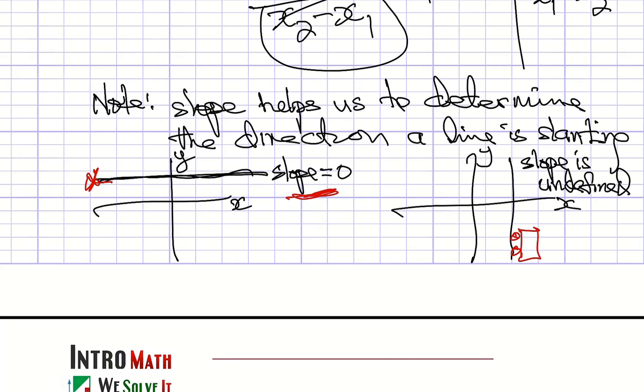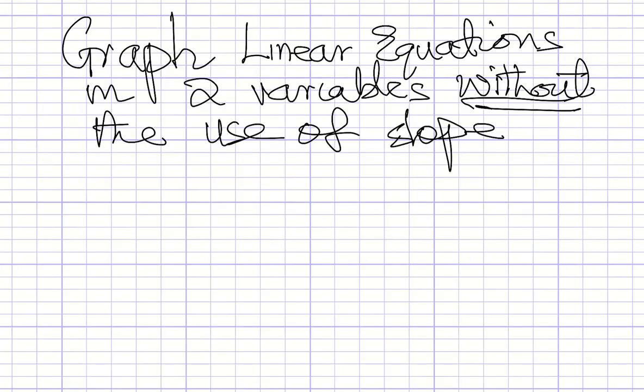Let's graph linear equations in two variables, right? Without the use of the slope concept. First, we'll draw them without using the slope, and then when we're done, we'll draw the same graphs with the use of slope.